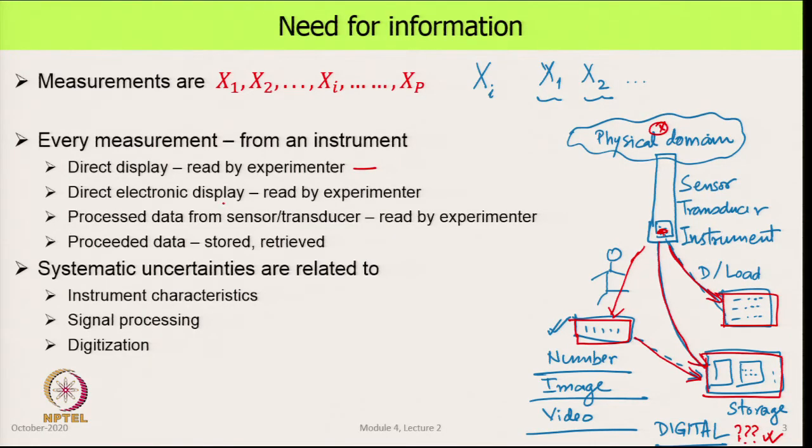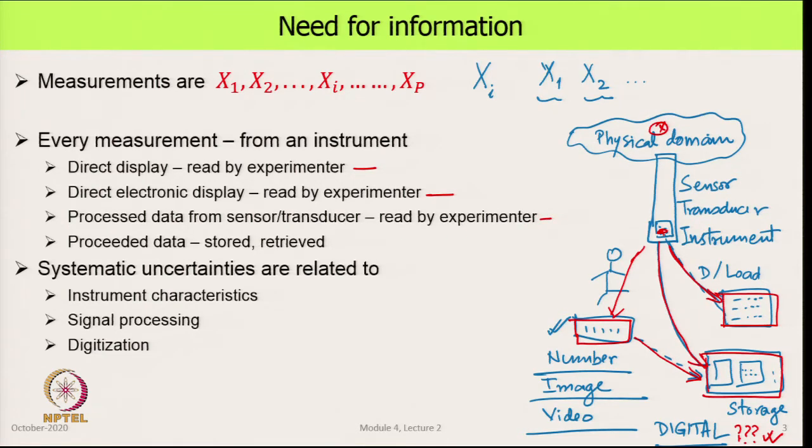Then you could have a direct electronic display which is read by the experimenter. So, that is again the manual route, but instead of being the instrument itself in analog form, we are getting the digital form. And the example of this is vernier calipers with a digital readout. Or we could have processed data from the sensor or transducer which is read by the experimenter.